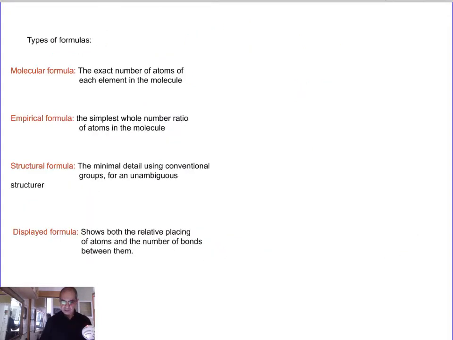Few other fundamentals I want you to know before we get into real organic chemistry. There are a bunch of formulas that you need to recognize. One is the molecular formula, which is the exact number. For example, I go after butane. Butane is C4H twice as much plus 2 more, which is 10. So this is butane, and its molecular formula shows the exact number of atoms within the molecule.